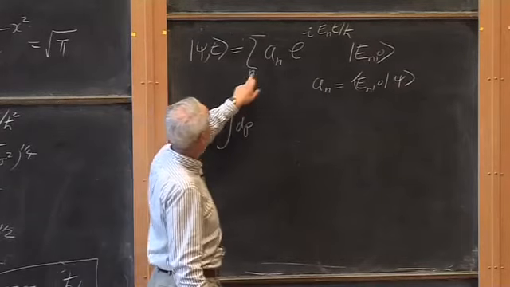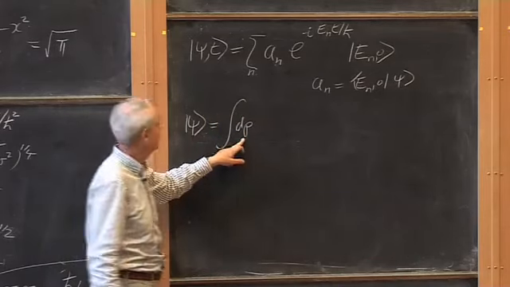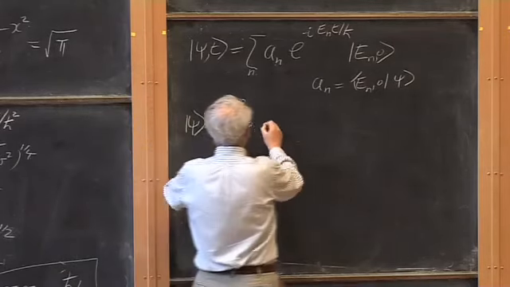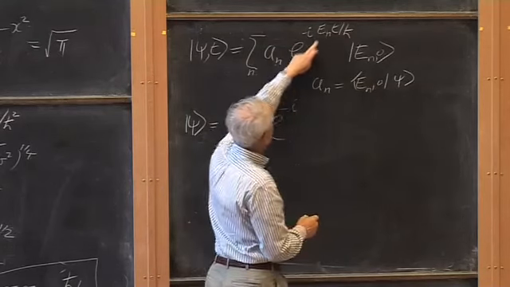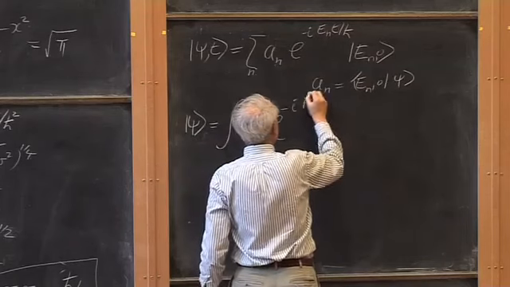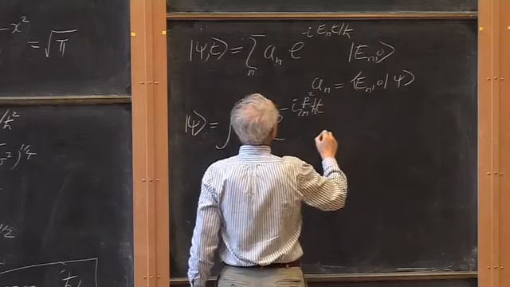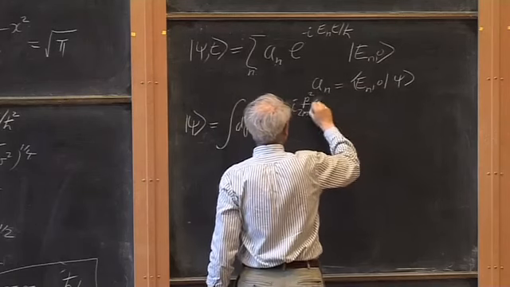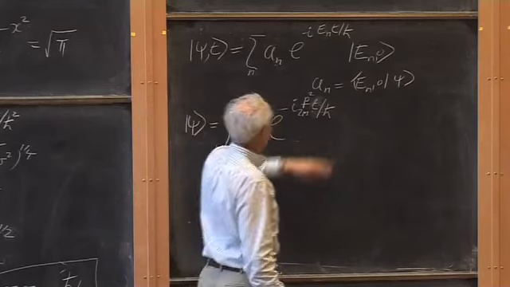That's the analog of summing over the energies. When you sum over momentum, you are summing over energy, because different momentum means different energy. E to the minus i, what's this? This is the energy associated with momentum p. I called it E_p up there, but we can be more definite. It's p squared over 2m, times t over h bar. That's the exponential there.